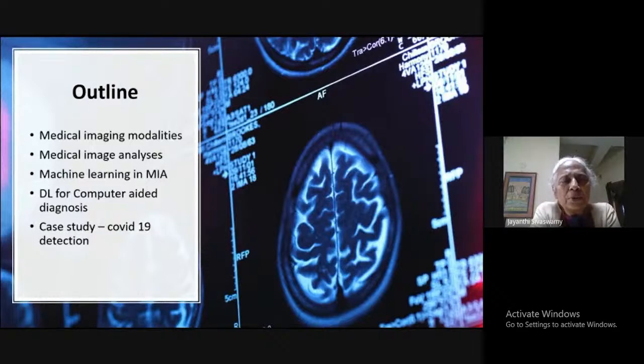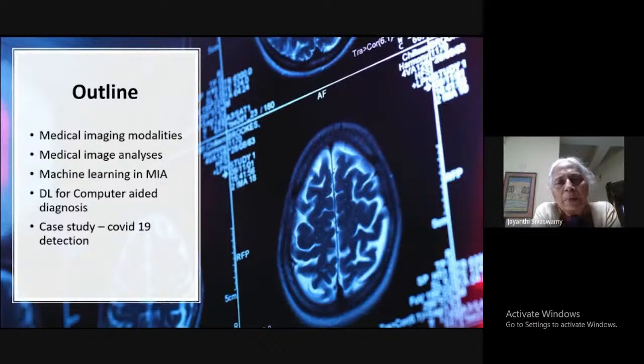So I work in the area of medical image analysis, and I'm going to be talking about that. I will first introduce the various imaging modalities that exist in the medical domain. Unlike computer vision, which uses primarily optical images, in medical imaging we have very many modalities. Then I'll move on to how you analyze the images once you have them, and how we can use machine learning, particularly deep learning, for medical image analysis.